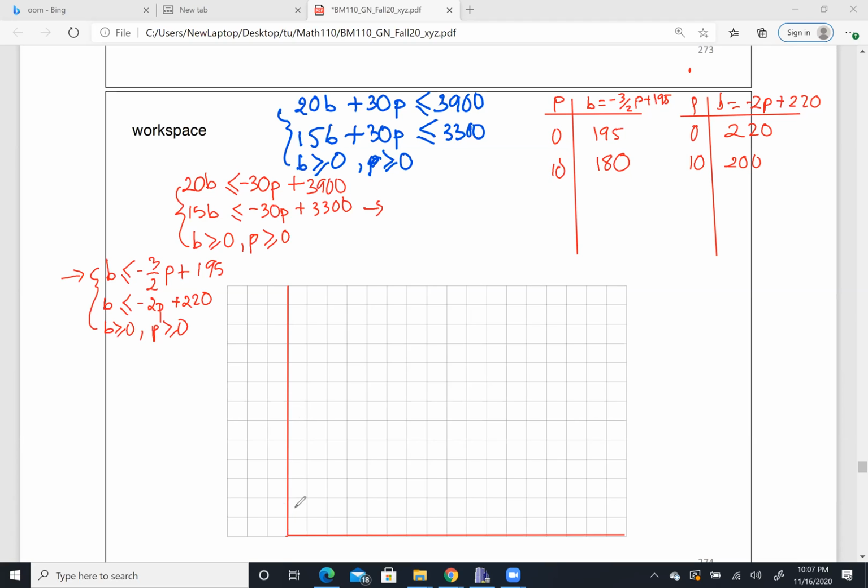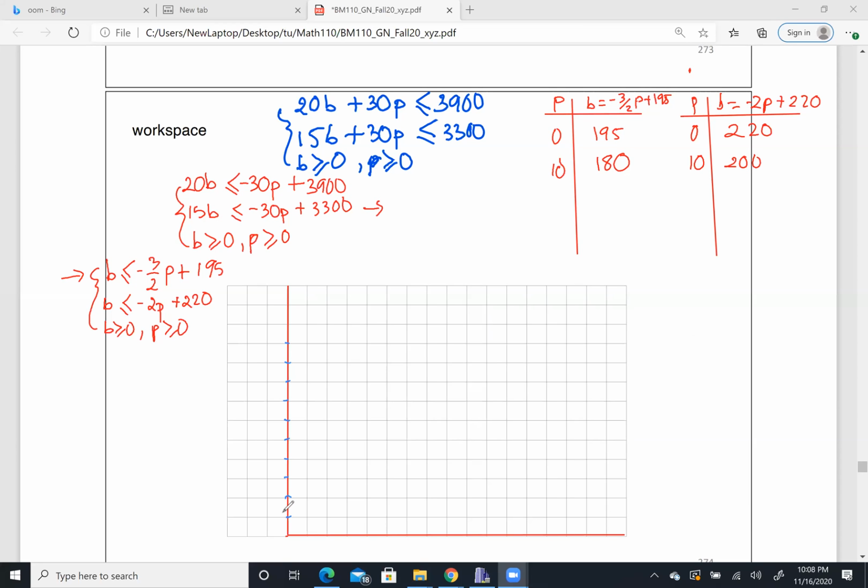So on the axis, 20, 40, here's 100, 200, 220.